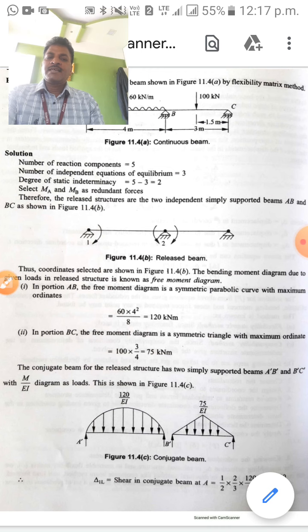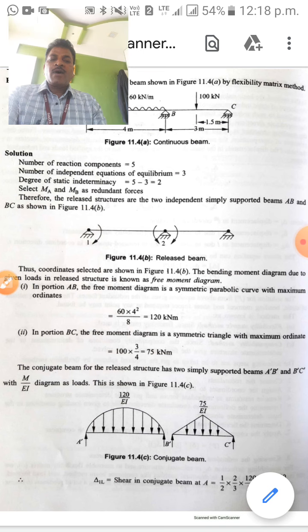Therefore consider the end moments at A and B as the redundant forces, MA and MB. Release the structure into two independent simply supported beams AB and BC as shown in the figure. Coordinate one and coordinate two are on the released beam.